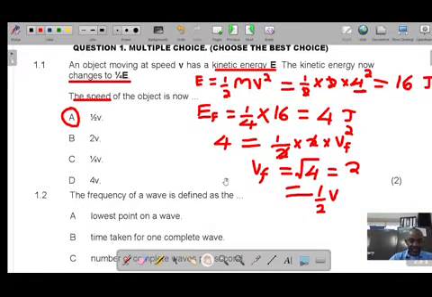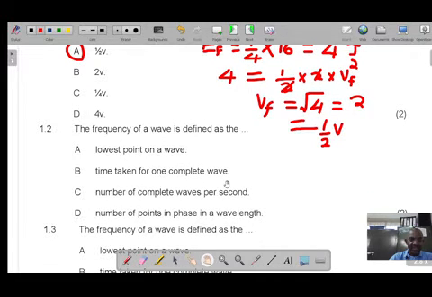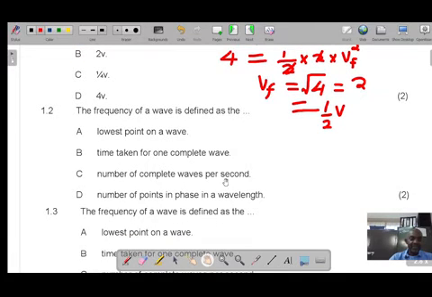Now the next question says, the frequency of a wave is defined as what? Frequency of the wave is defined as the number of complete waves per second passing a fixed point. So let me say it again. Frequency of the wave is defined as the number of complete wavelengths passing a fixed point in 1 second.